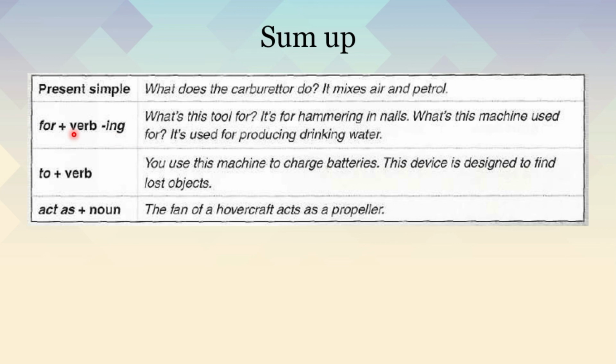You can use for plus verb with ing when you think of a human agent using a device or a tool. You can also use to plus base form of the verb. And lastly, you can use act as plus noun when the function of one object is like the function of another object.